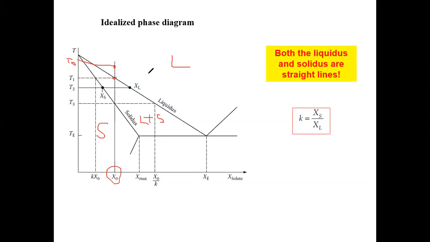So this means that if I'm at T1 and I decrease the temperature a little bit, I should be able to see some small solid form, right? So how many phases do I have at this temperature, or a temperature a little lower than T1? We have two phases, liquid and solid, because we're now in the two-phase coexistence region. What are the corresponding compositions?